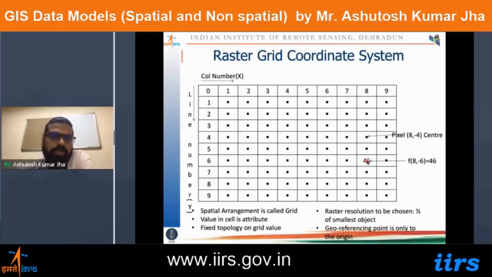Or in most of the time, what happens in the GIS is that we have to deal with multiple layers interacting with each other. For example, let's say I want to create a suitability analysis. To carry out the suitability analysis, there might be multiple layers. One may be distance to a few features like schools, colleges, and so on. And then all those multiple layers will interact with each other to give you the output.